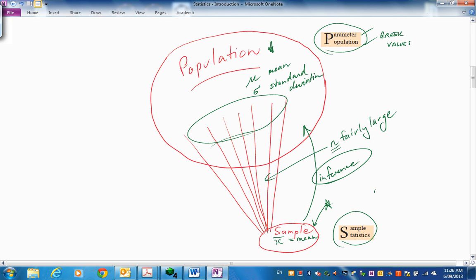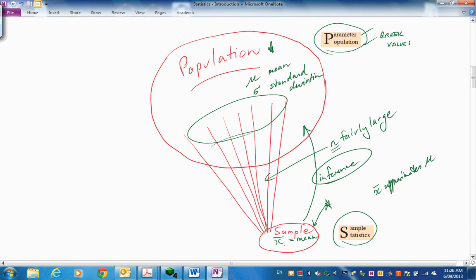So we might say here, X bar approximates mu in the actual population. We're going to find an X bar from a sample, the mean: add them all up, divide by how many there are, remember that, have a look at that again later. And that's going to be an estimate of our mean.